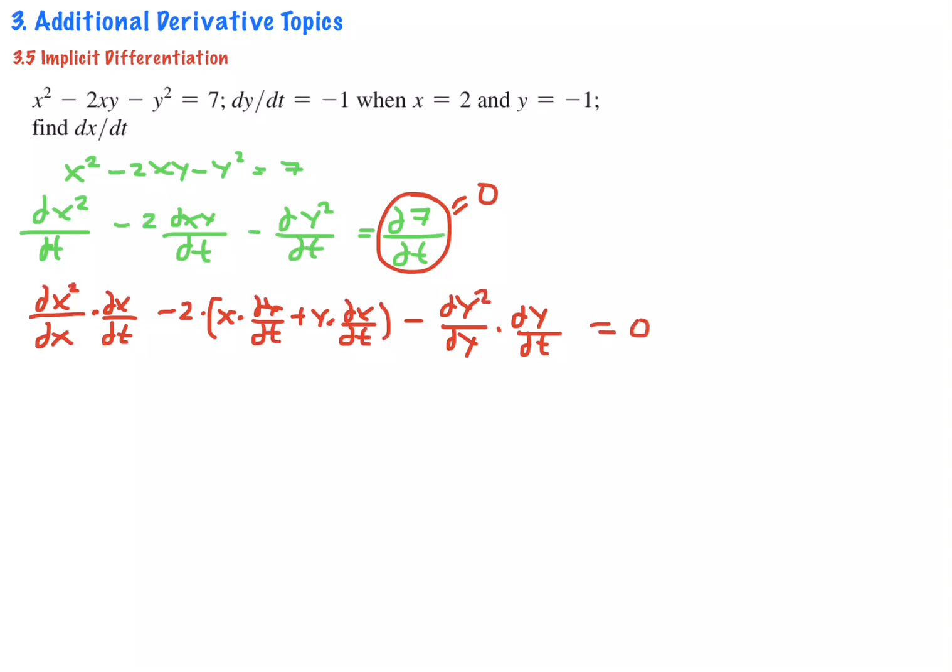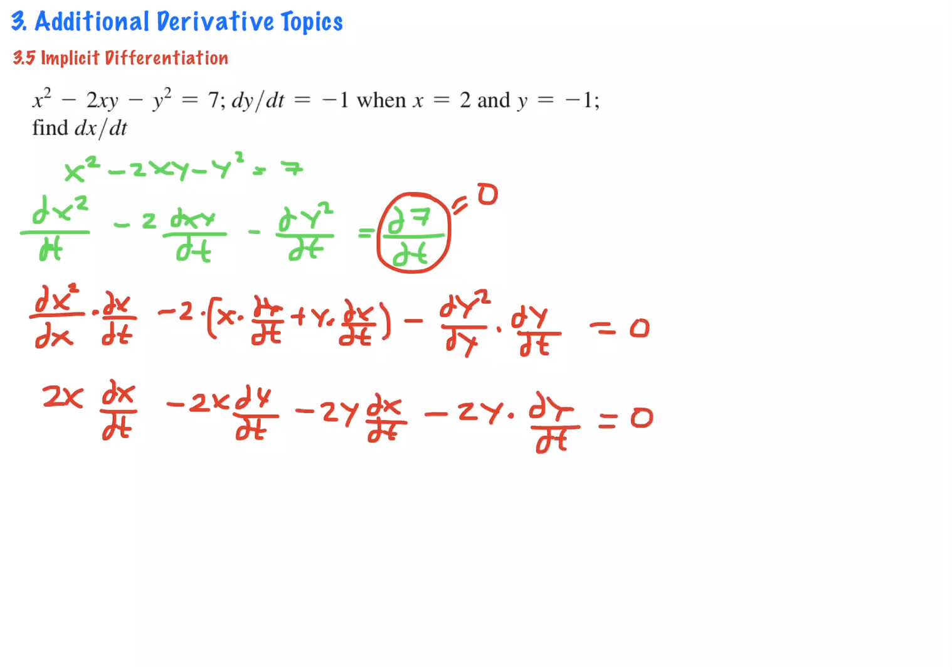So over here, d(x squared) over dx gives 2x times dx over dt, minus, opening the parentheses, 2x dy over dt minus 2y dx over dt, and then negative d(y squared) over dy, which is 2y times dy over dt, equals 0.